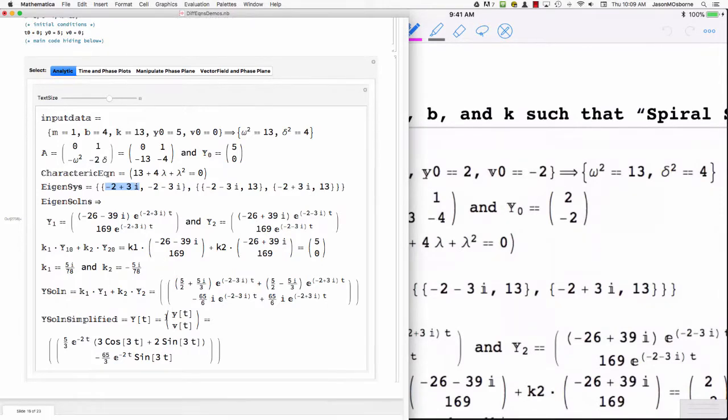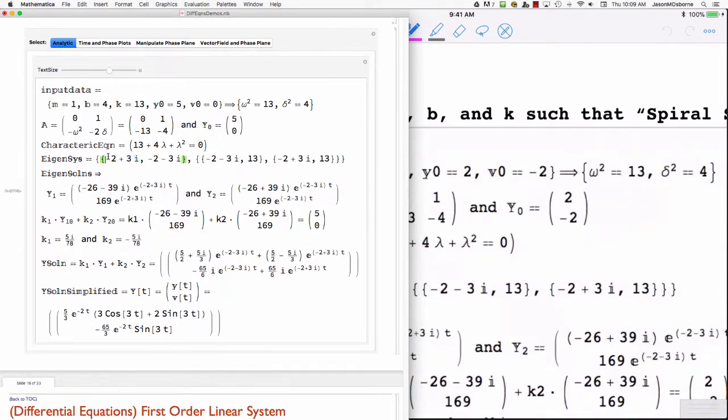That led us eventually to the -2 term, and the eigenvalue appeared in the exponential, e to the -2t. The 3 appears in the frequency term of the sine and the cosine, and the C1 and C2 are going to be those coefficients multiplied by 5/3. So that would give you your C1 and C2.